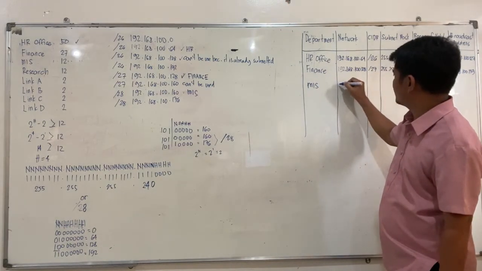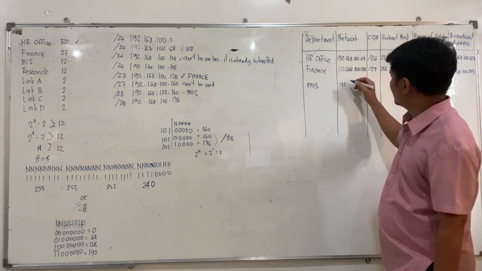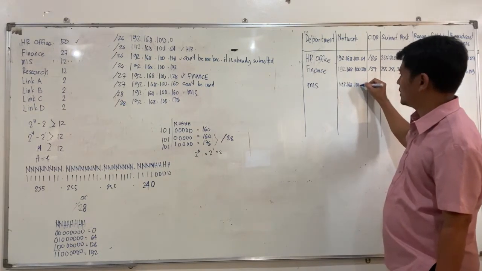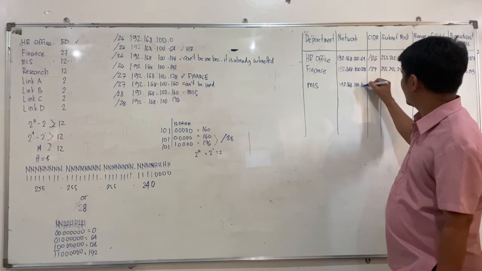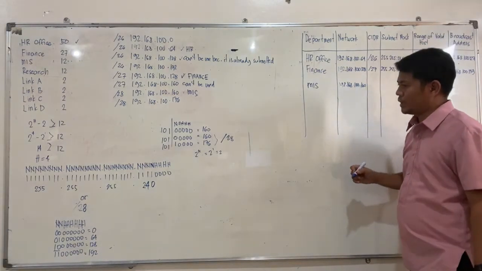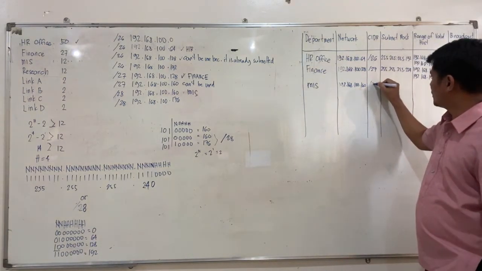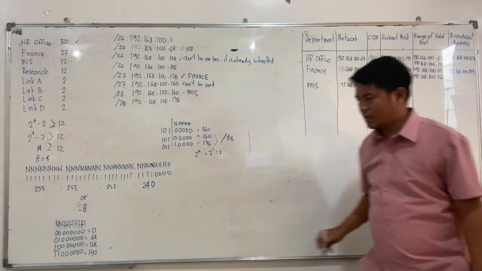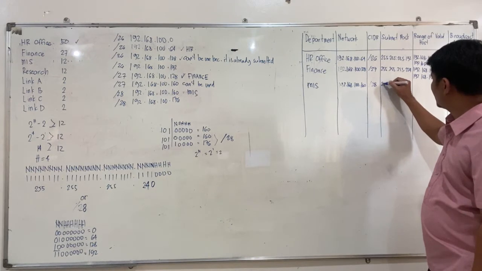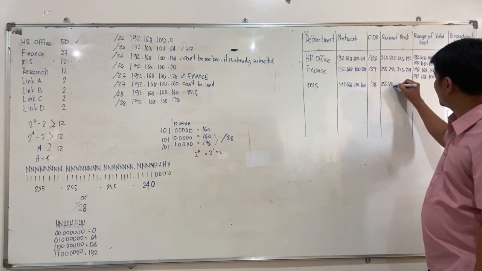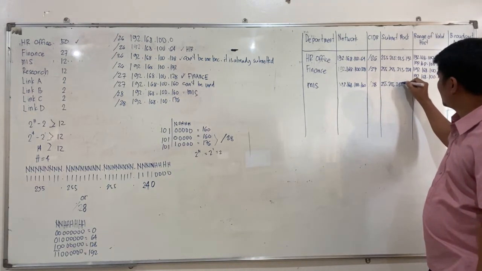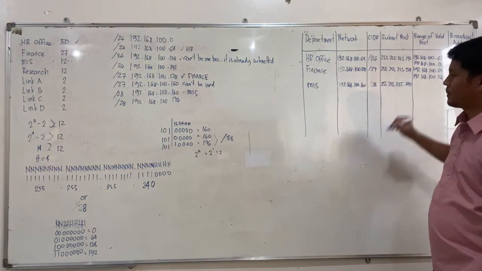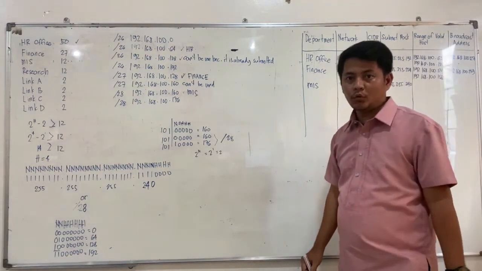Our network is 192.168.100.160, which is /28, and the subnet mask value is 255.255.255.240.